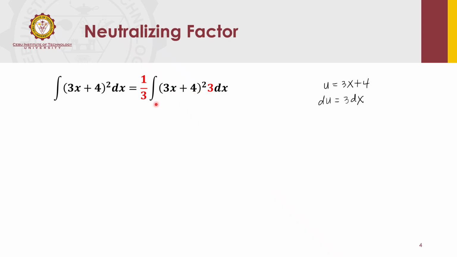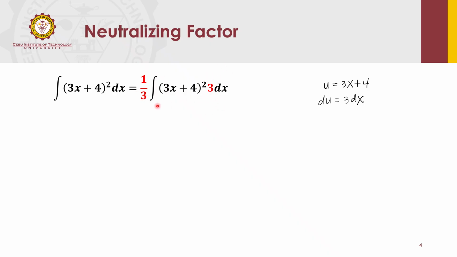Because if you don't put this 1/3 here, then you are changing the value of the integrand. So we put 3 here, multiply it to dx so that we can form the du, and then balance this by multiplying it with its reciprocal. 1/3 times 3 is just equal to 1.